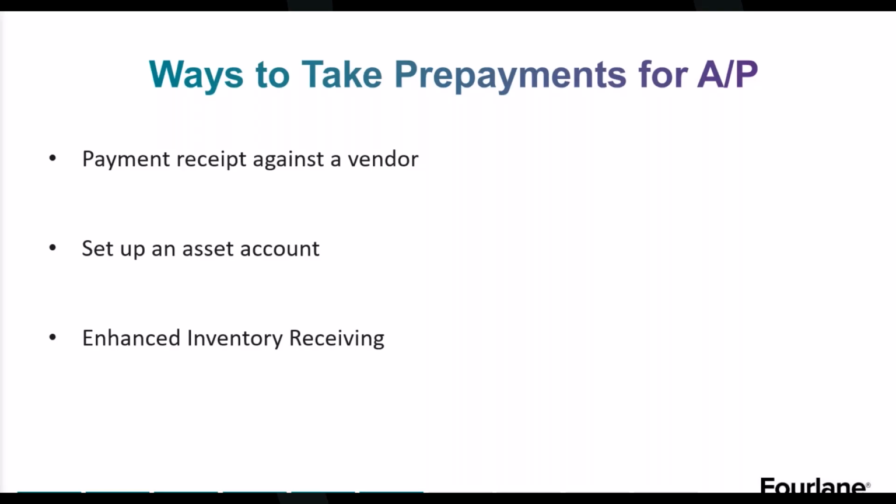So to recap, that first option, whenever we are talking about taking a prepayment for accounts receivable or accounts payable, the simple but not necessarily preferred method is to go through and create a payment that will sit as outstanding on that customer or vendor account until we input that invoice or bill that we can apply that payment to.